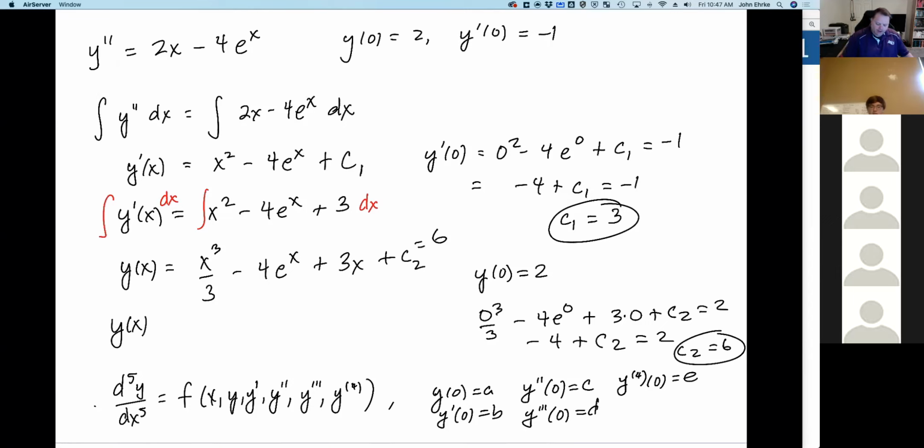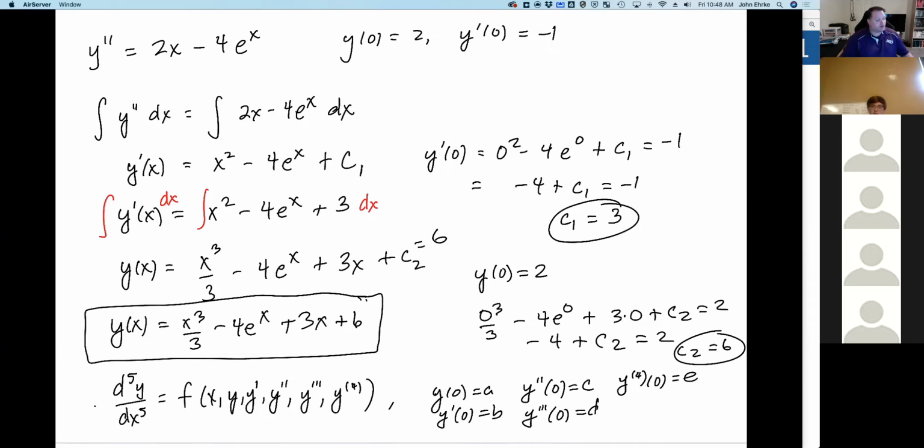So the correct answer to this differential equation is this. In other words, this is the only curve in mathematics who has this for a second derivative that passes through the point 0, 2 and has slope -1 when it does so. That's what we've been able to find here.